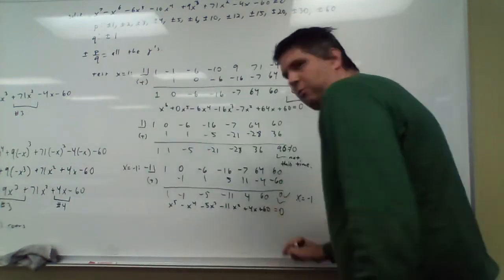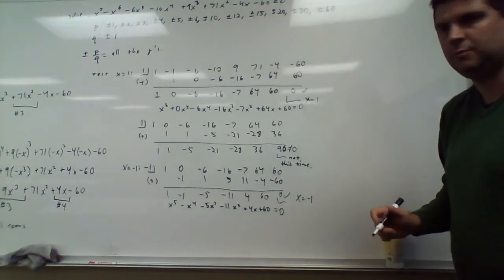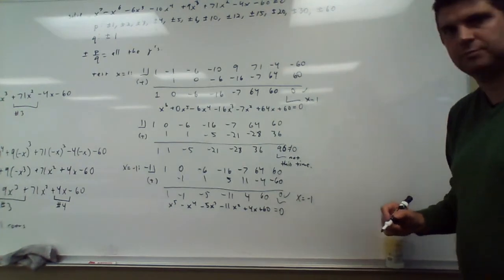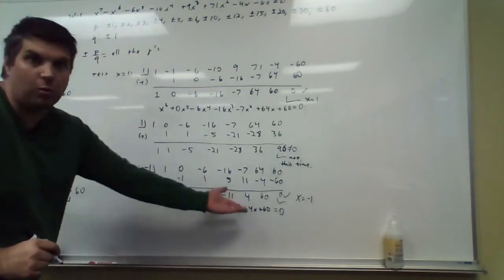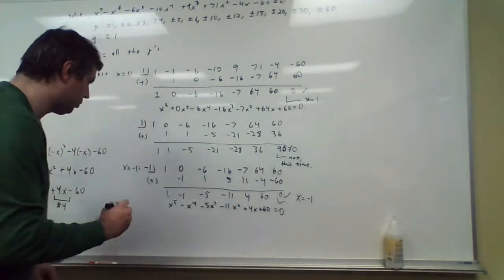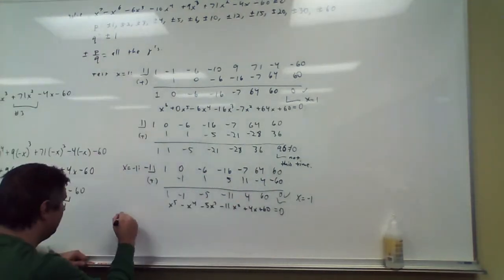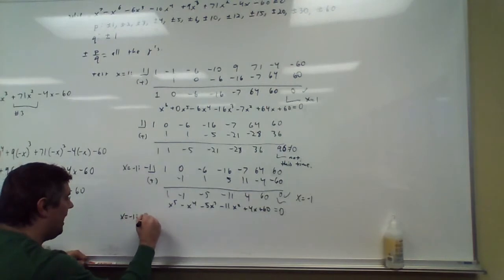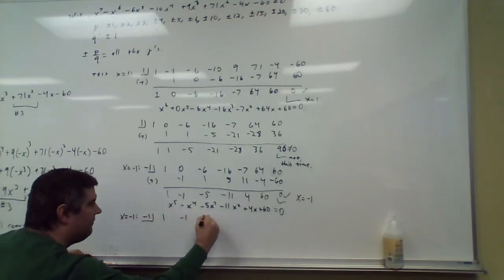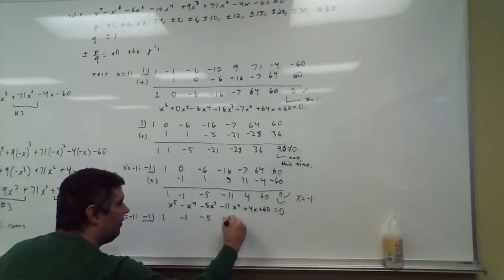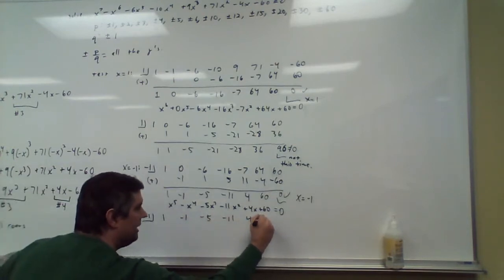That also needs to equal 0. Okay? So, negative 1 may still work for this one. So we'll try x equals negative 1. So negative 1 goes in the box. I have 1, negative 1, negative 5, negative 11, 4, and 60.